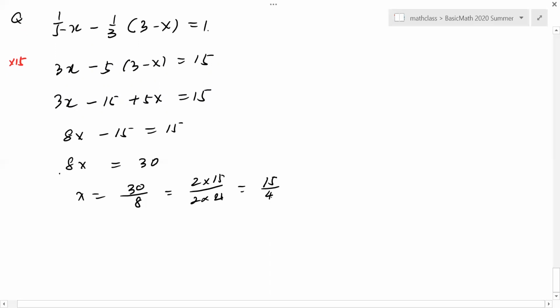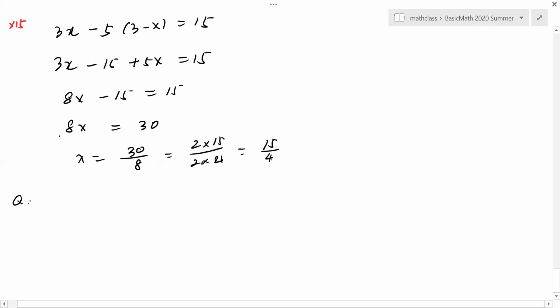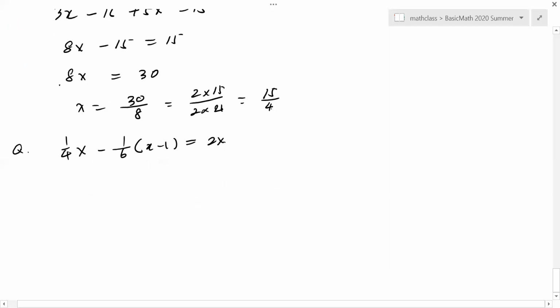Good job. Okay, so next one. 1/4 x minus 1/6 x minus 1 equals 2x. Okay, it's similar. Okay, please don't make mistakes.